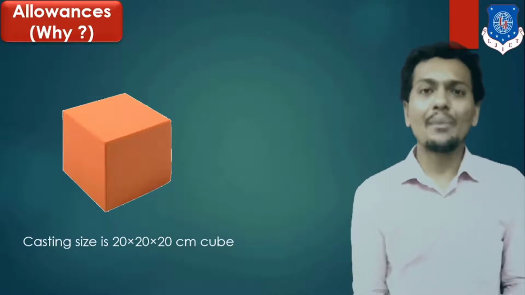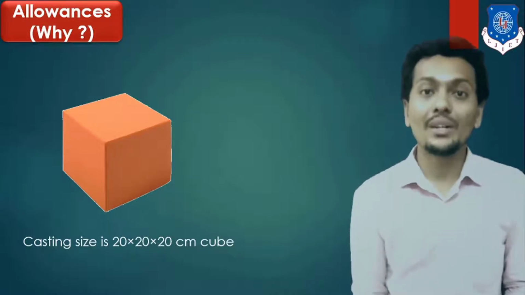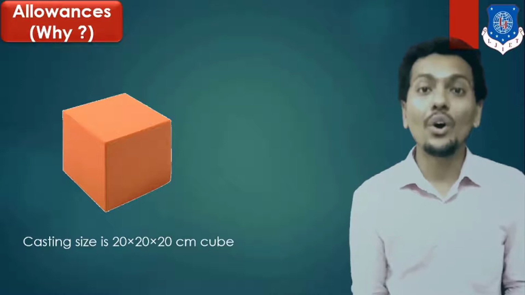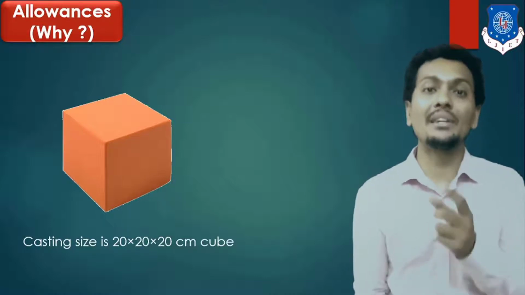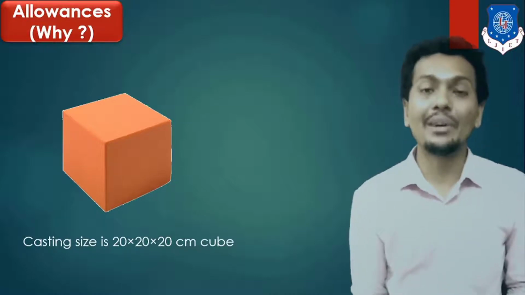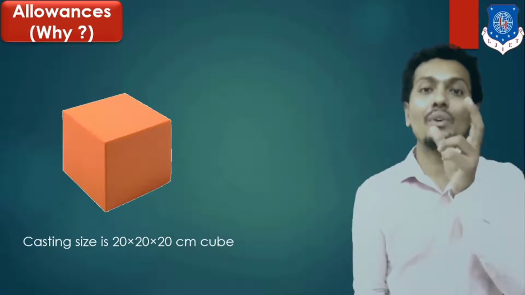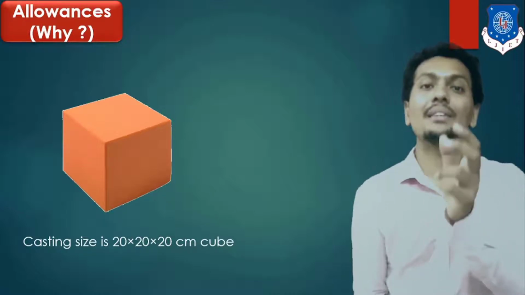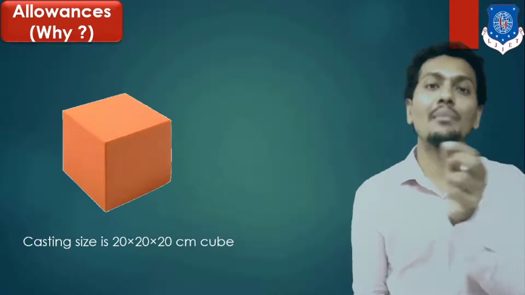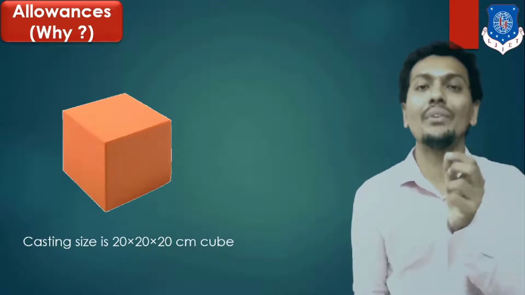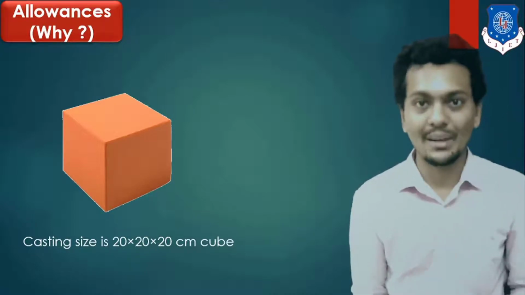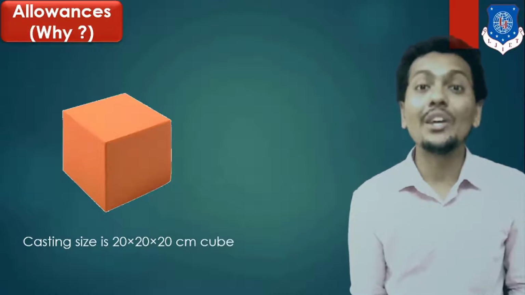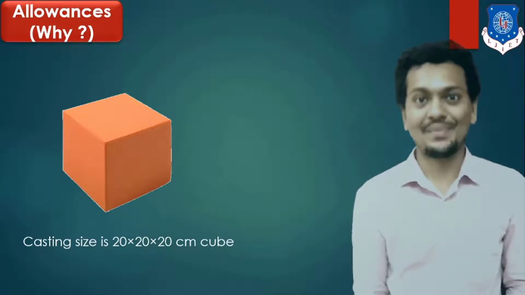If your target object dimension is 50 centimeter cube, meaning your target product has a cube shape with dimensions 50 centimeter by 50 centimeter by 50 centimeter, what will be your pattern size?